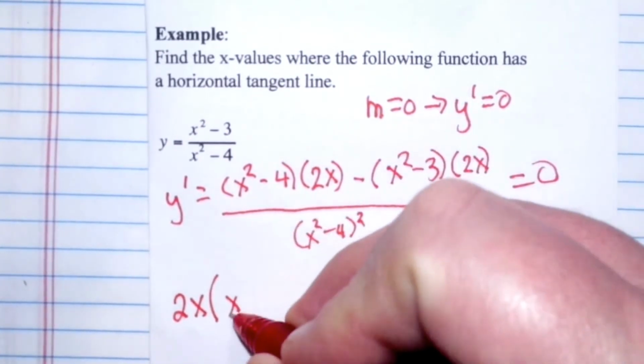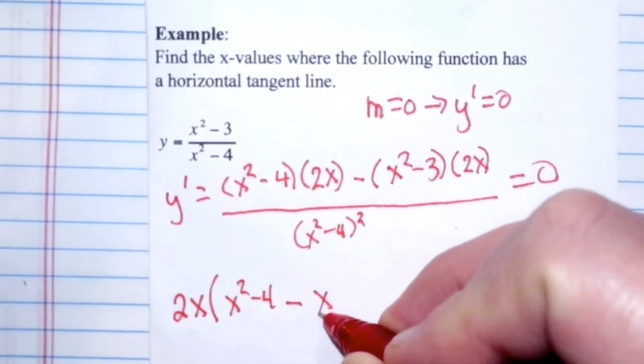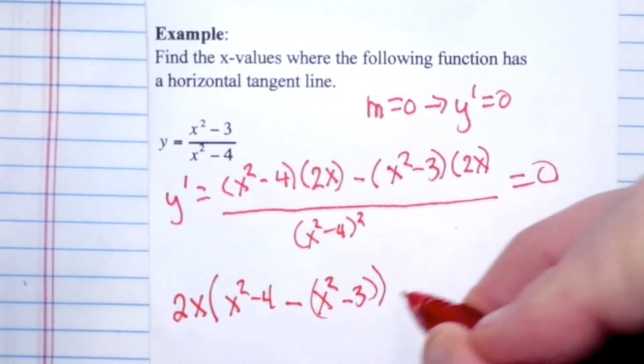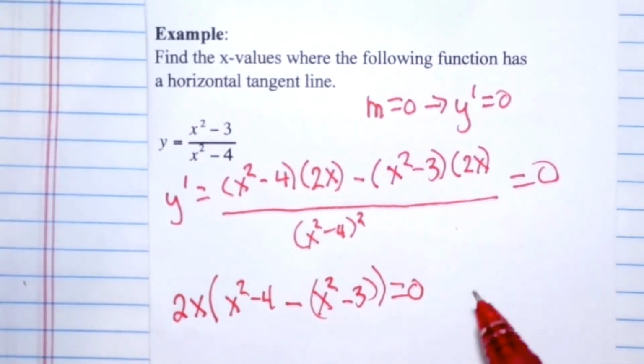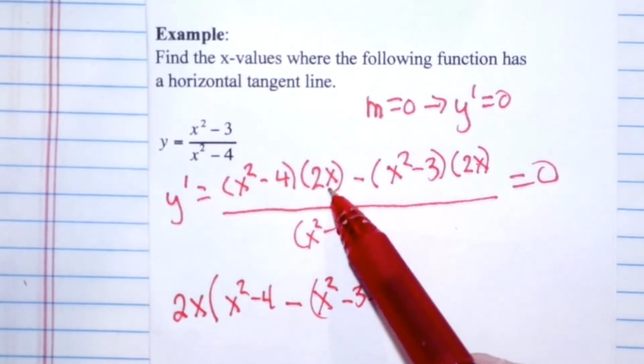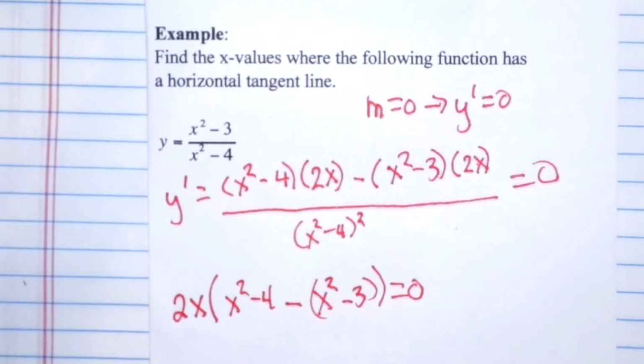That'll leave x squared minus 4 minus x squared minus 3 equals 0. And again, there's no point in working with the denominator at this stage.